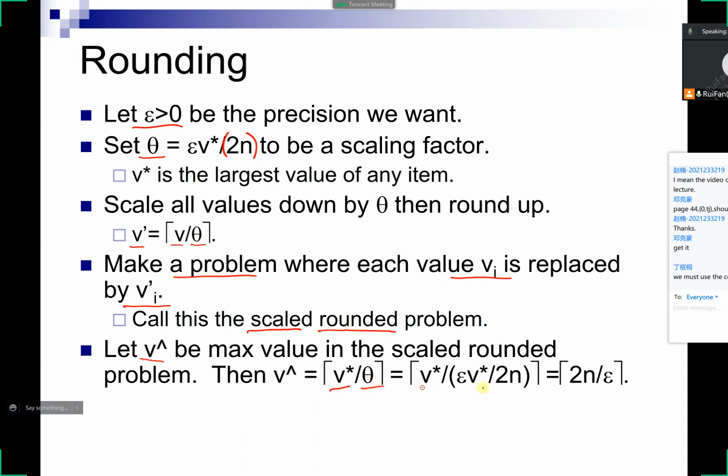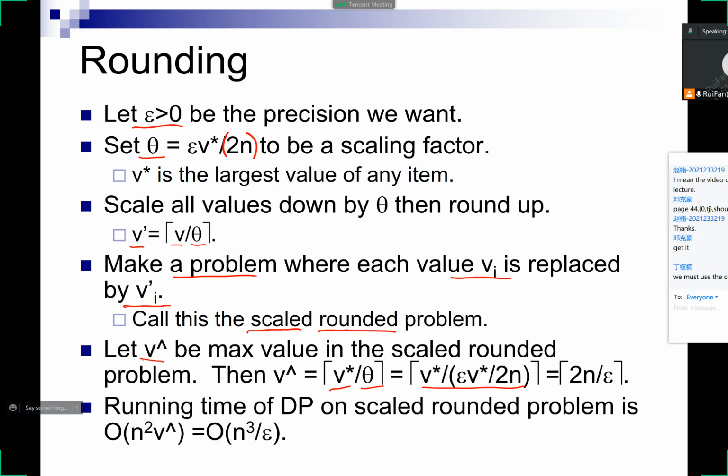Okay, and so that's just equal to this. Okay, so it's equal to the ceiling of 2n divided by epsilon. And so if you plug this value into your DP, right? So the DP running time is going to be n squared times this v hat value, and this is going to come out to order n cubed divided by epsilon. Okay, so if you choose this scaling factor, then you get this fast running time.